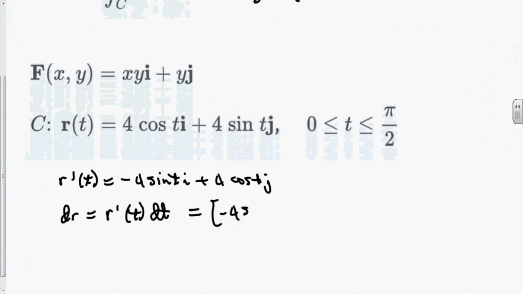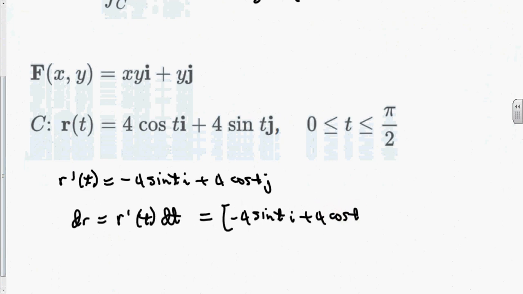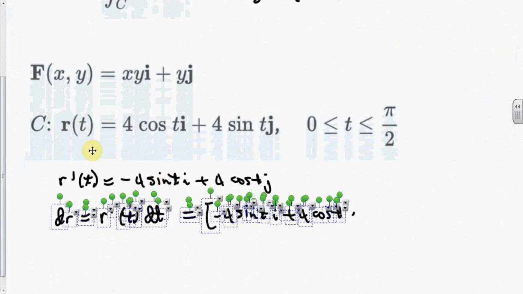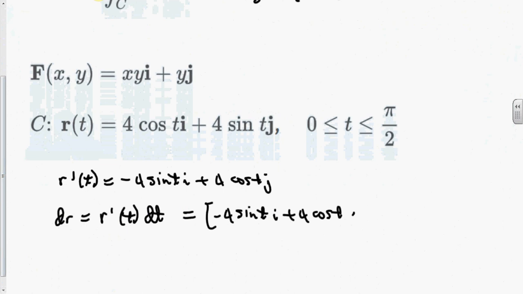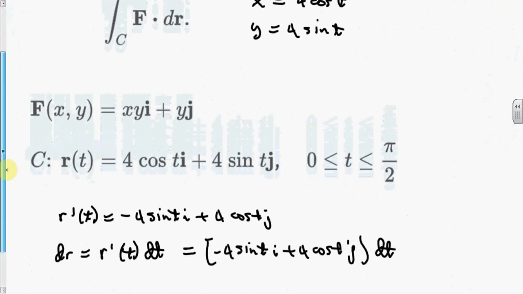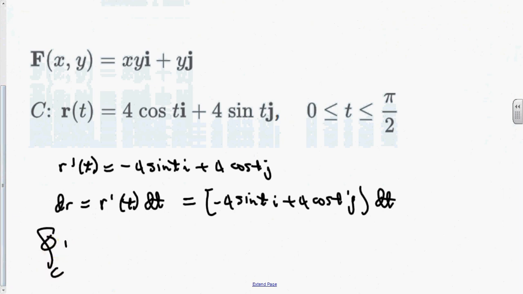It's negative 4 sine t i plus 4 cosine t j, dt. So I'm going to calculate this line integral, F dot dr. This is the integral that goes from 0 to pi over 2. They give me that.